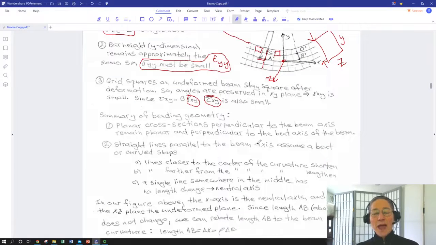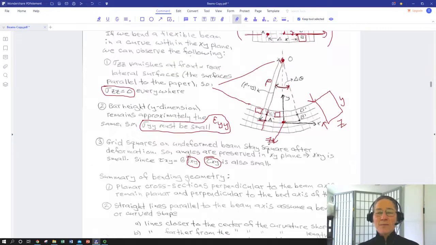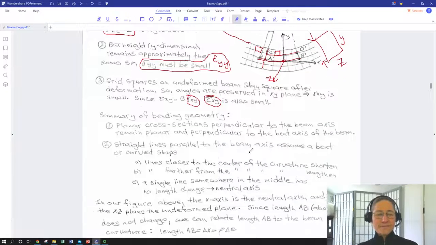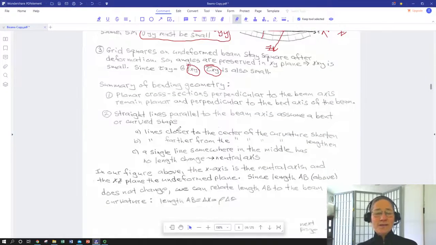Straight lines parallel to the beam axis assume a curved shape. So we went from a straight line connecting A to B to this curved line connecting A to B. We went from a straight line from C to D to a curved line from C prime to D prime. Now here's where we start getting interesting.